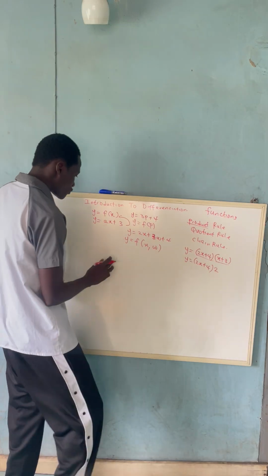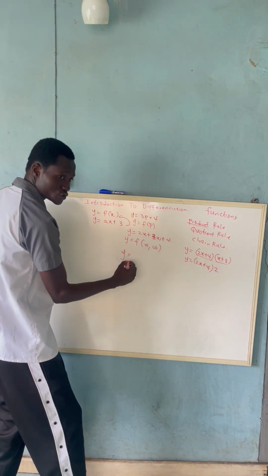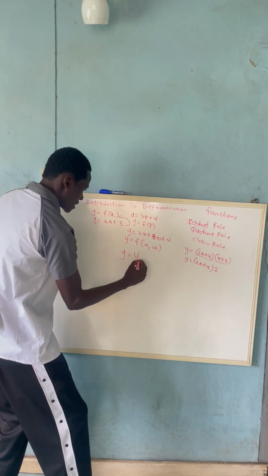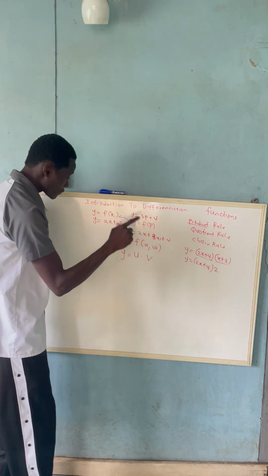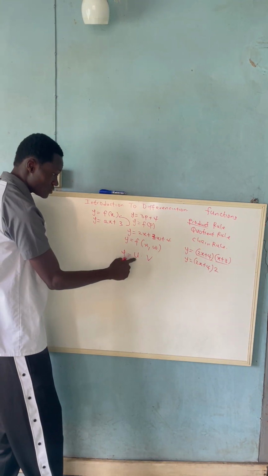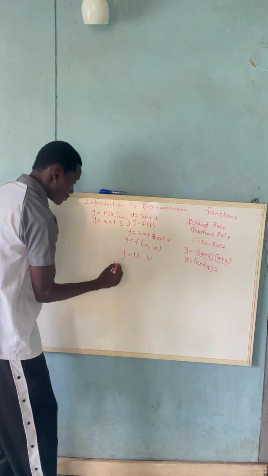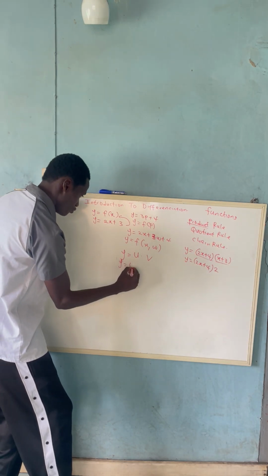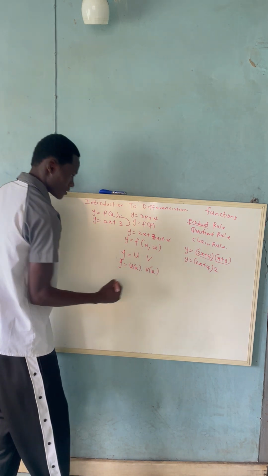The product rule tells us that if we have y as a product of two functions, u and v, on what condition did I tell you? u must be a function of x and v must be a function of x. So y is equal to u times v, where u is a function of x and v is a function of x.